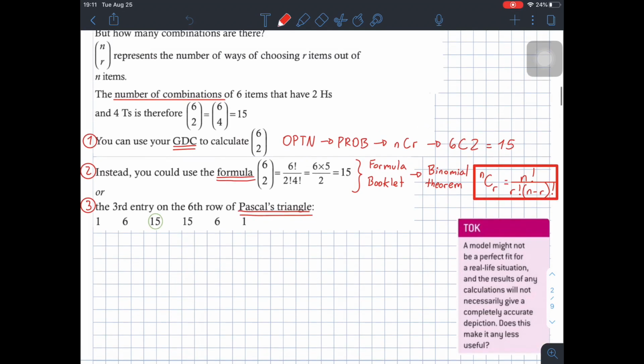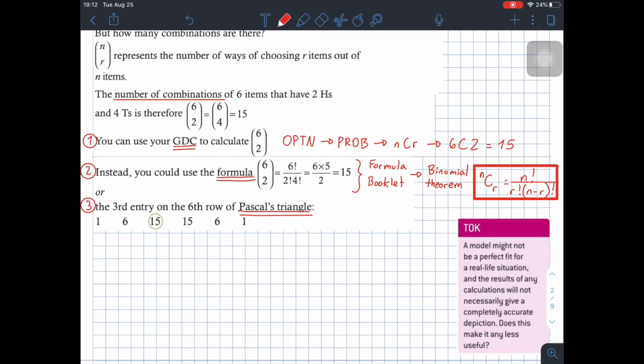So for example, you see that 6, 2, what we just did in the calculator, if we apply the formula, according to the formula, it would be 6 factorial, right, n factorial, divided by r factorial, which is 2, times n minus r. n minus r is 6 minus 2, which is 4, so times 4 factorial.